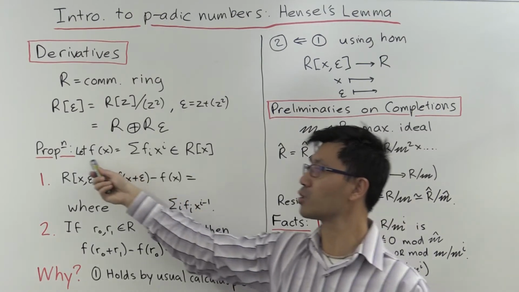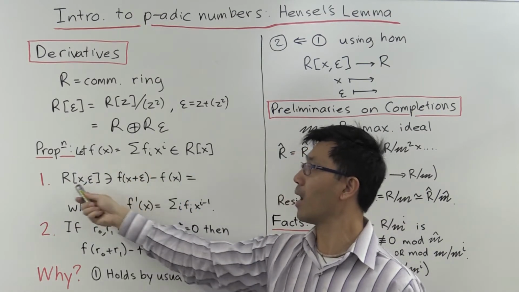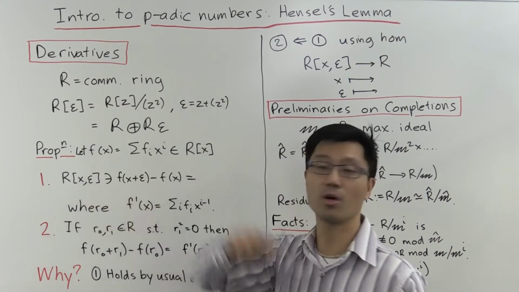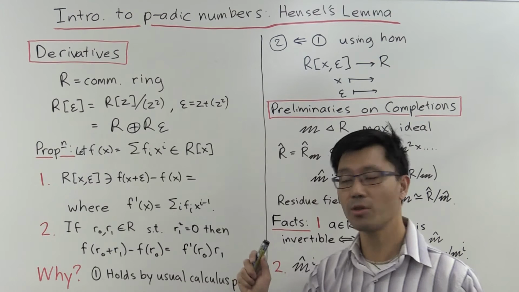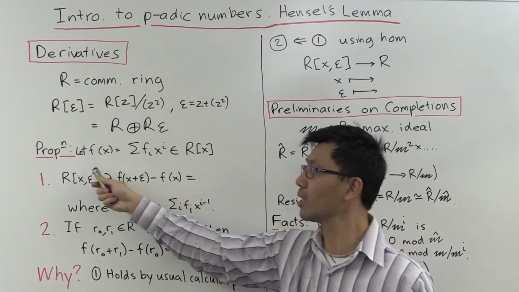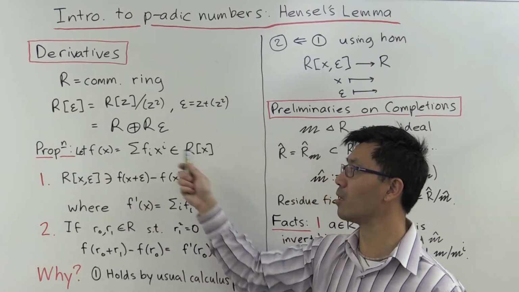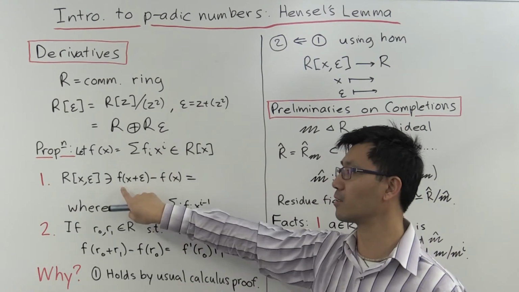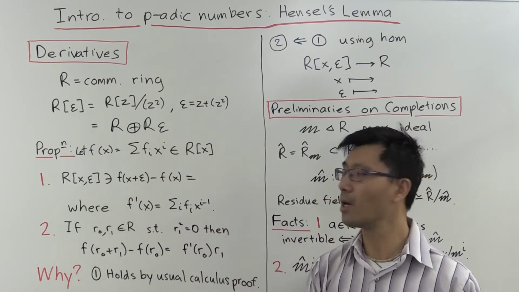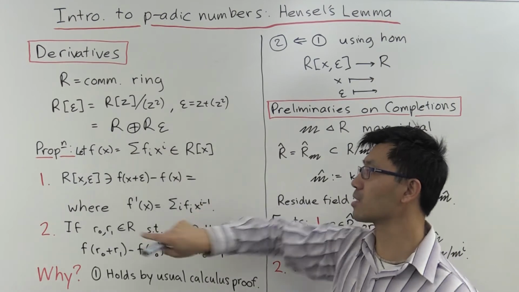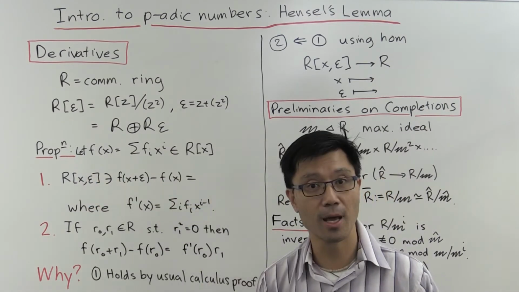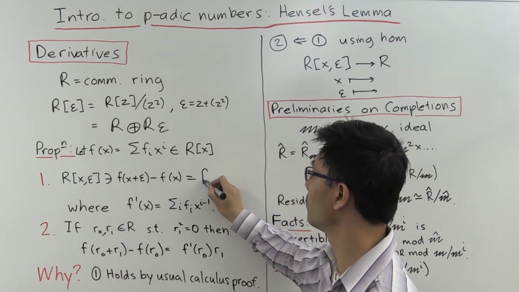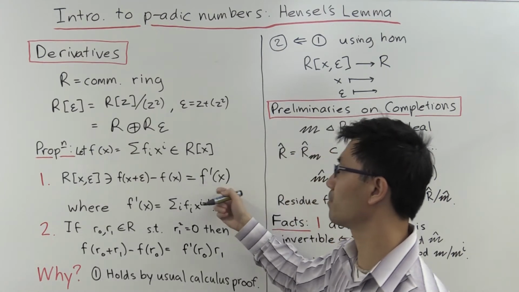So what we can do now is we can look inside the ring R[x] and also adjoin this epsilon, where epsilon squared is 0. And once you do that, you can substitute inside this ring x plus epsilon into this polynomial. So that gives you f(x + epsilon). And you can also substitute in x, which is also inside here, and take the difference. And normally when you divide by epsilon, that gives you the derivative, f'(x).